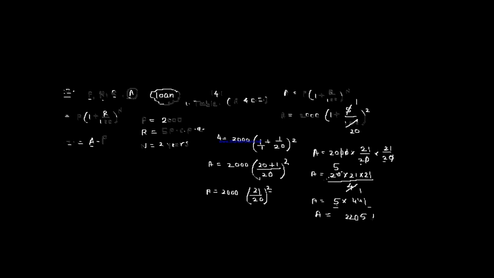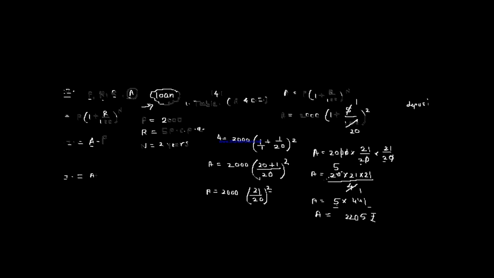So this is the final amount, 2,205, that we have to pay to the bank if it is the case of a loan, and this is the final amount that the bank will pay us if it is the case of a deposit. But they have not mentioned whether it is a deposit case or a loan case. Now they are asking us to find CI also.